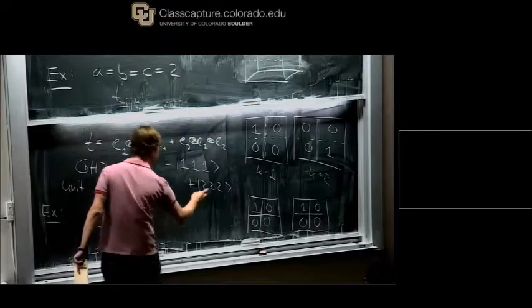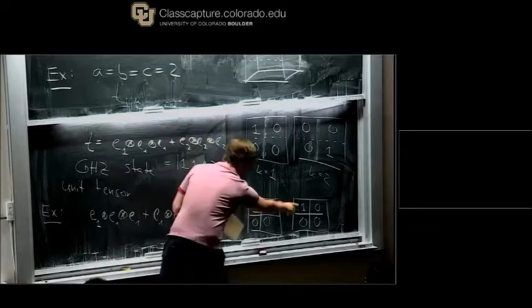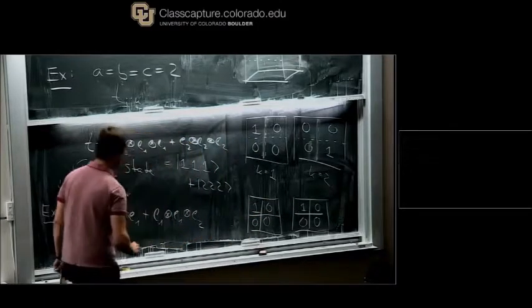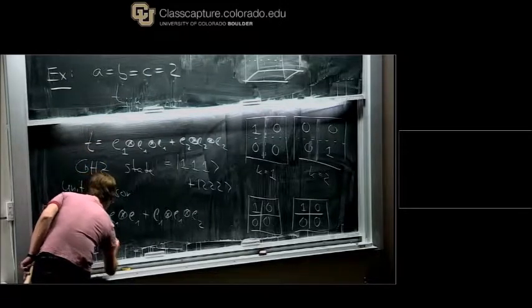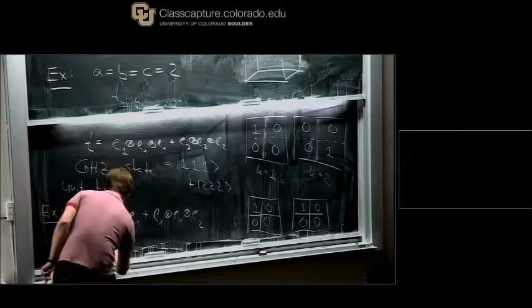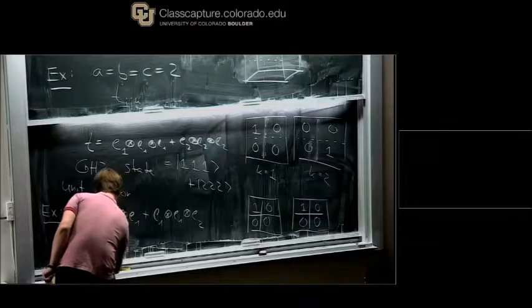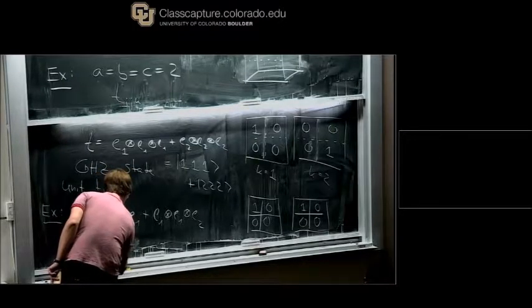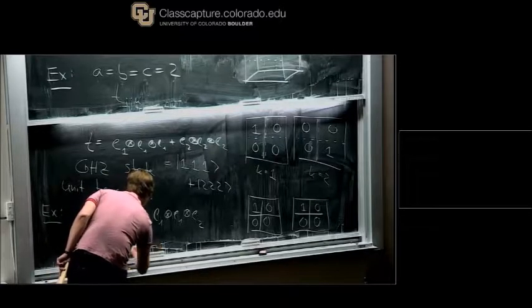Plus the second one, which is E1 tensor E1 tensor E2. And that one I can write as E1 tensor E1 tensor, and then I can put it here as E1 plus E2.